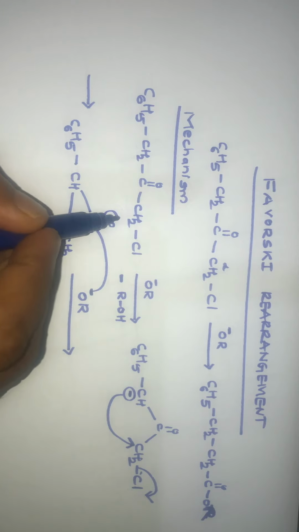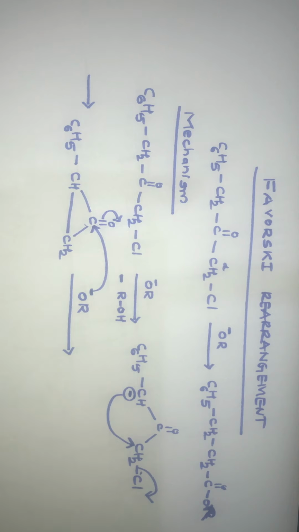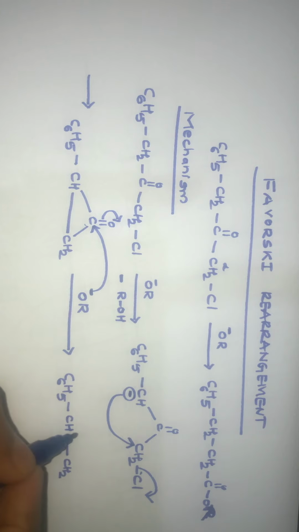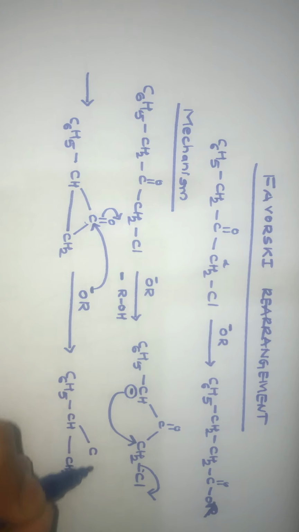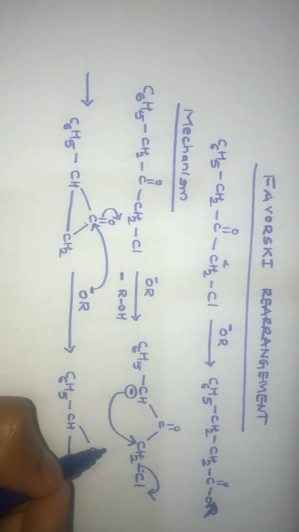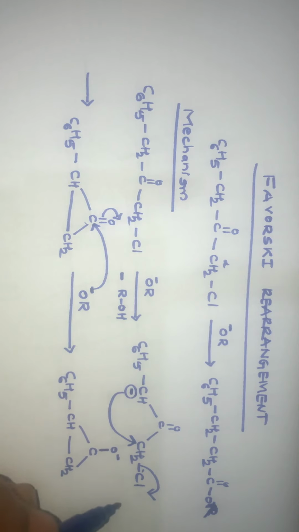So double bond O moves, resulting in the formation of this C6H5 CH CH2, the double bond O will become O minus, and OR is formed.